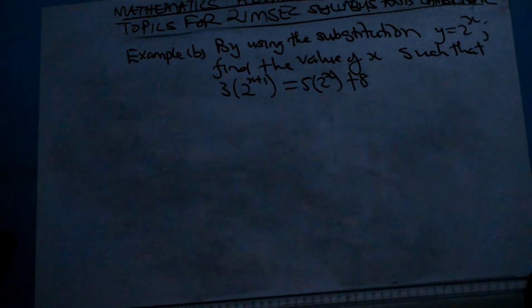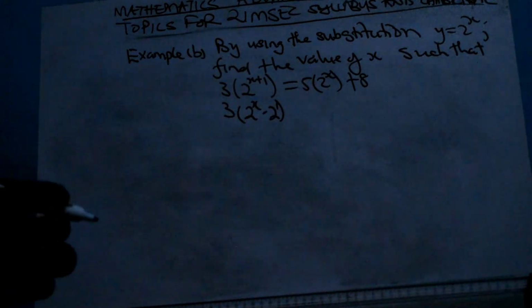Having this type of question, your first step is to break down your indices into their respective parts. So you say 3(2 to the power x plus 1) breaks down into 2 to the power x multiplied by 2 to the power 1, using the first law of indices, which equals 5(2 to the power x plus 8).